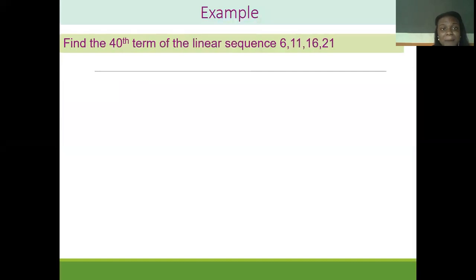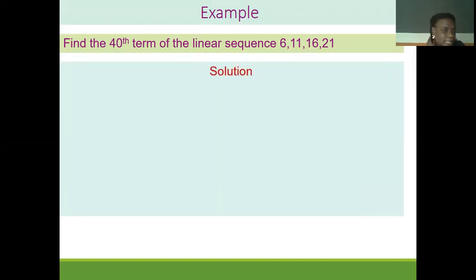Let's apply that to an example. So for example, you have a sequence here and you're asked to find the 40th term of the linear sequence 6, 11, 16, 21. Okay, so of course you need to write out what you have and then try to solve. So we have Tn as our formula equals A plus n minus 1 bracket D. Remember that our first term is A and A is 6.